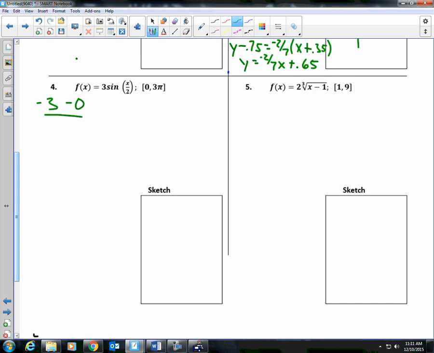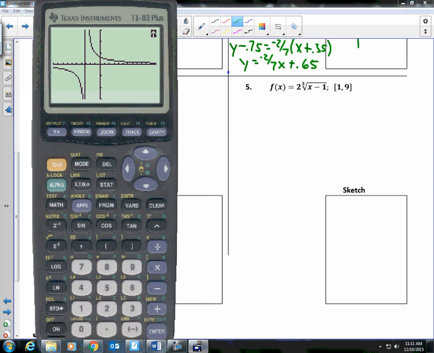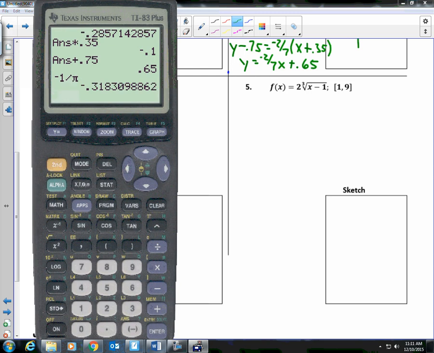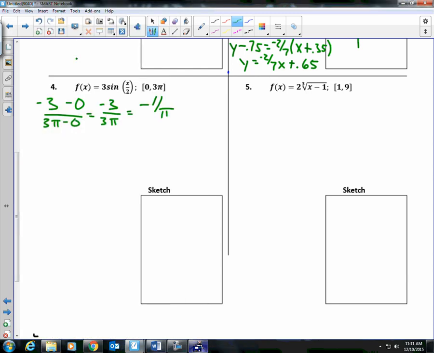Divided by 3 pi minus 0, and I get negative 3 over 3 pi, which is negative 1 over pi. We better convert to a decimal. Negative 1 divided by pi, and I get negative 0.32. So your slope is equal to negative 0.32.